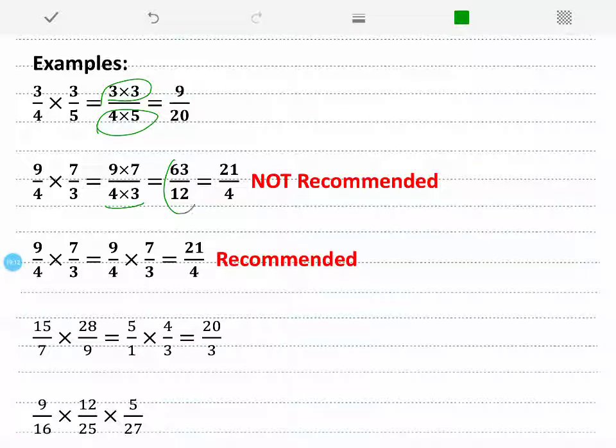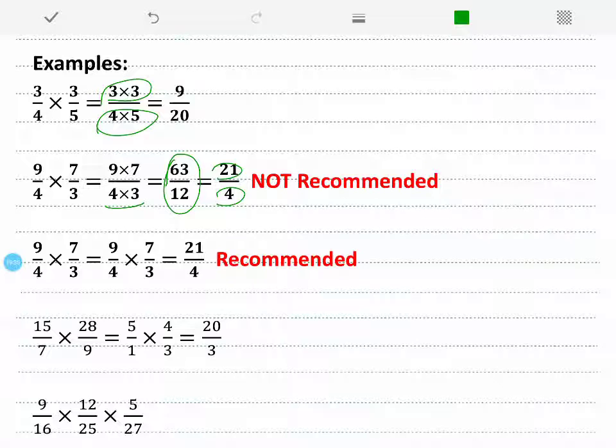But 63 over 12 is not the simplest form. You have to simplify that. Some students have trouble finding the largest common factor because they are not familiar with the times table. Here, the largest common factor is 3. So 63 divided by 3 is 21, and 12 divided by 3 is 4.